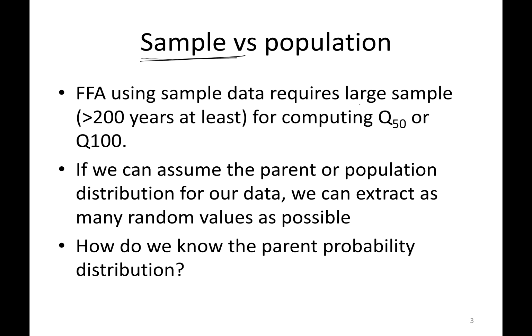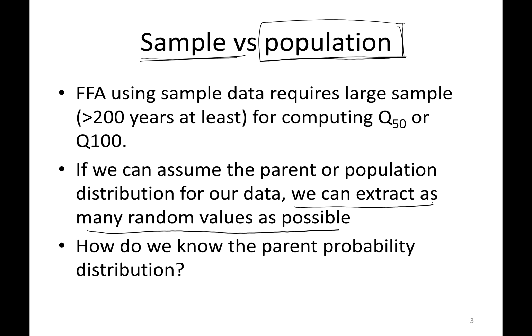So instead of using sample, we think about the population or the parent distribution from which the data may be coming from. So if we can assume the parent or population distribution for our data, then we can extract as many random values as possible. And this is where the probability density function comes into picture.